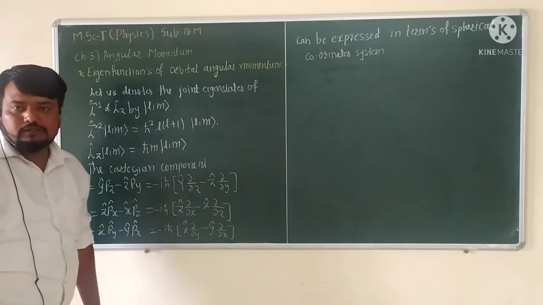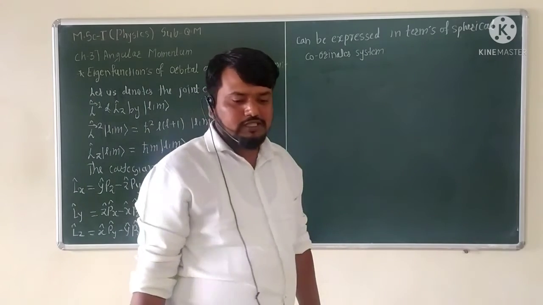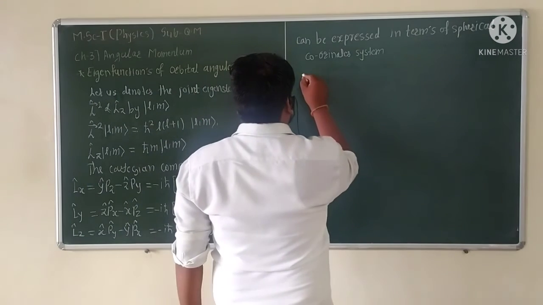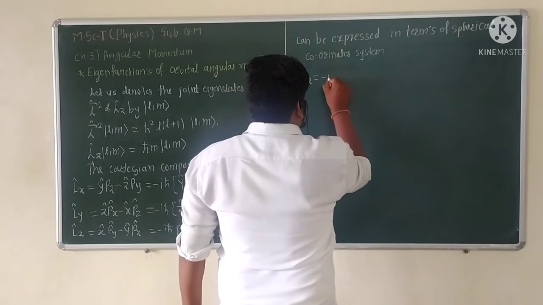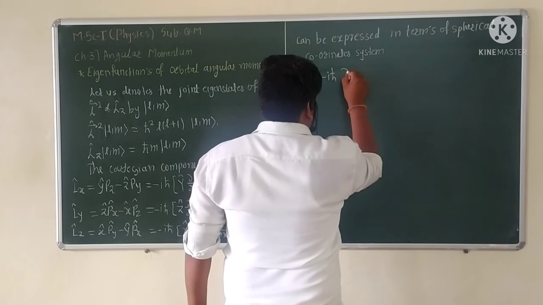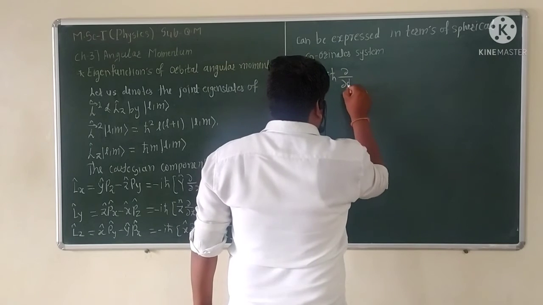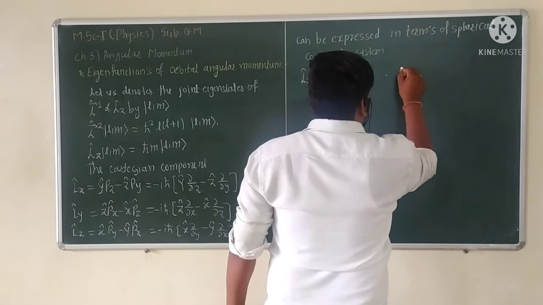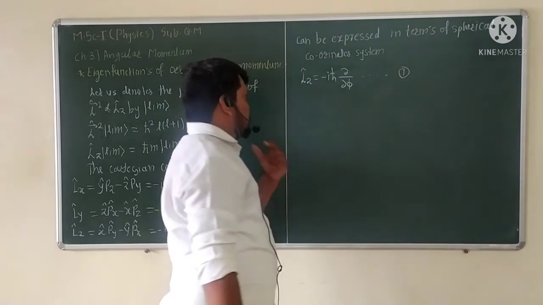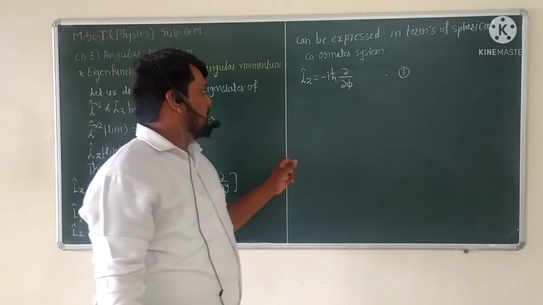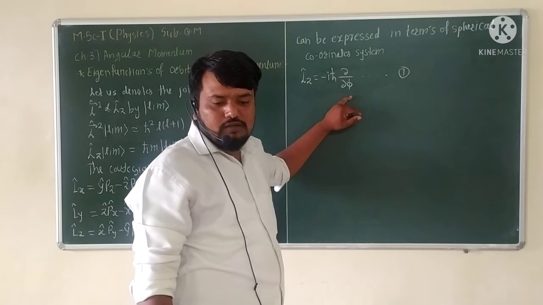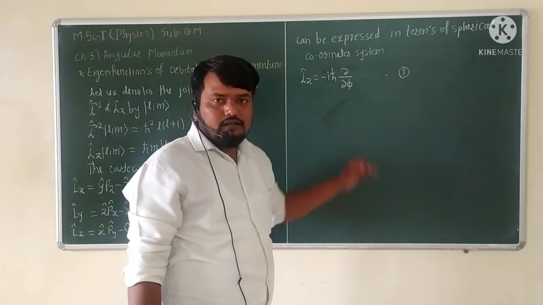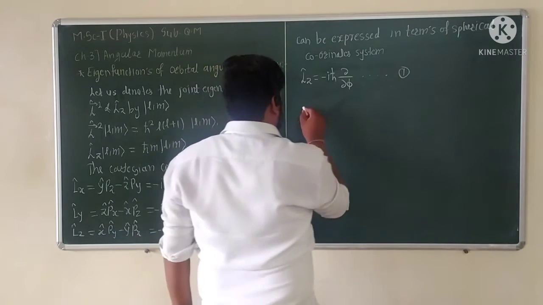And in the spherical coordinate system, this Lz cap is equal to minus i h cross dou by dou phi. Let this be equation number one. So this Lz cap is only a function of phi.